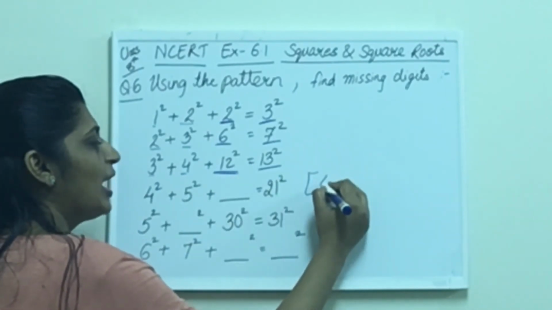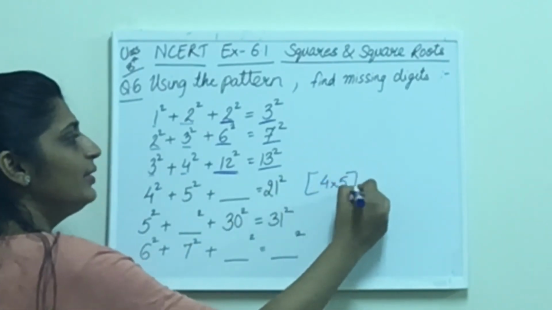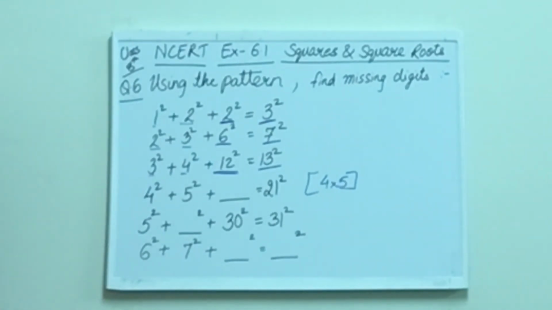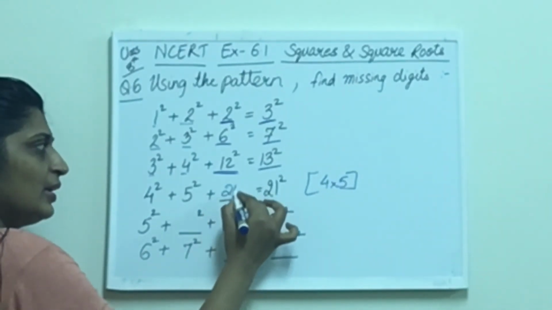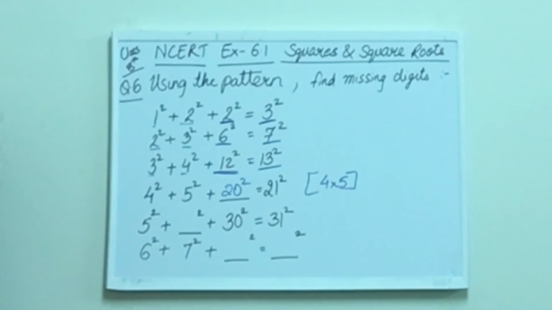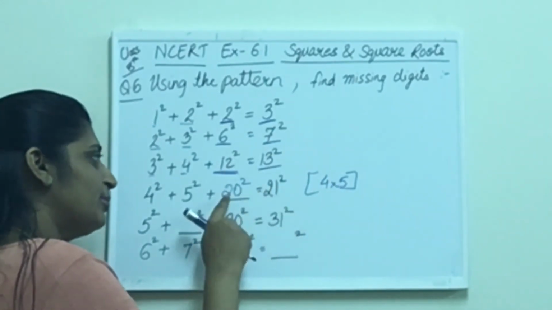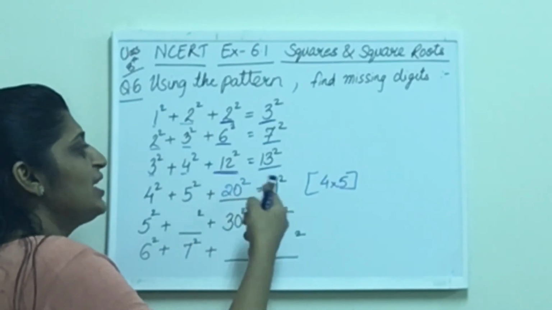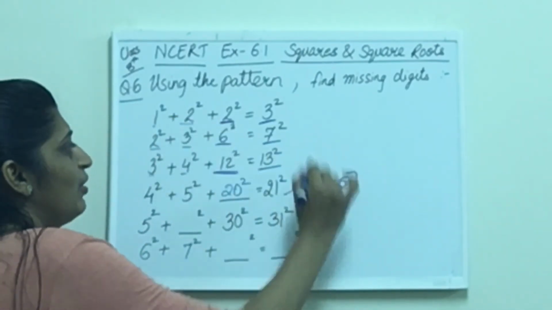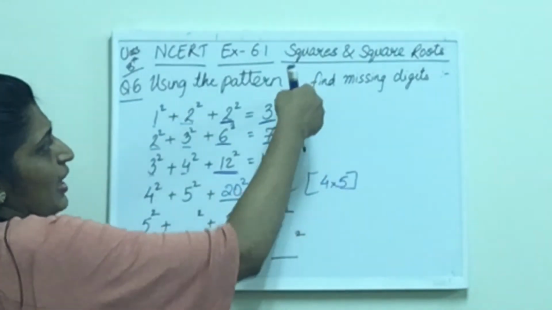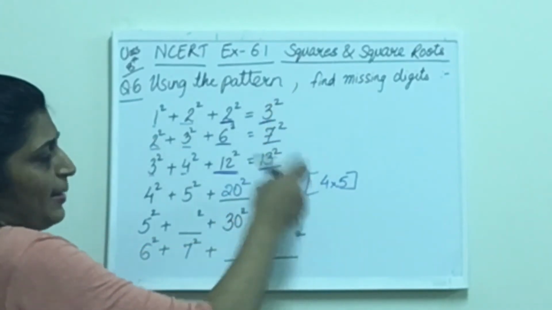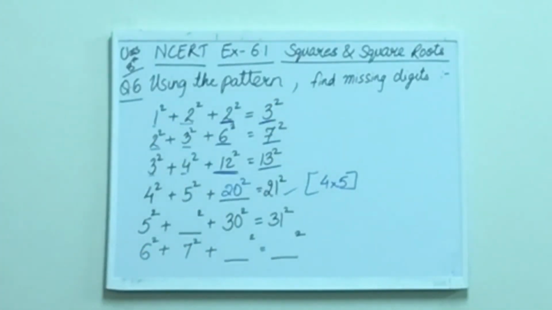It should be the product of the first two, isn't it? So 4 times 5, 20. And the next number will be the consecutive of 20. So 20 square is 21. So yes, at the fourth step, we can follow the same pattern. Our answer is correct.